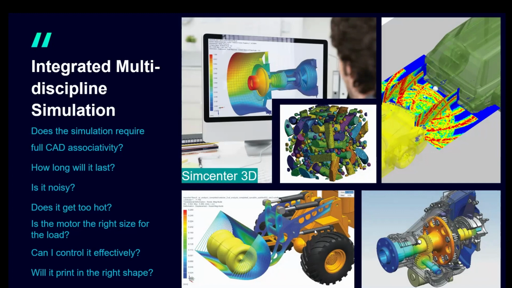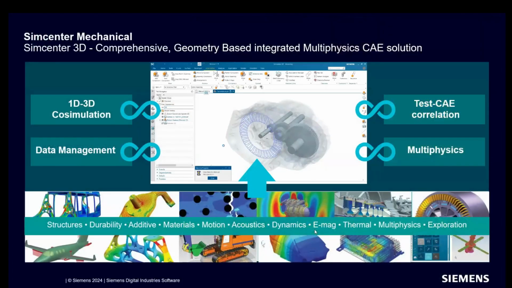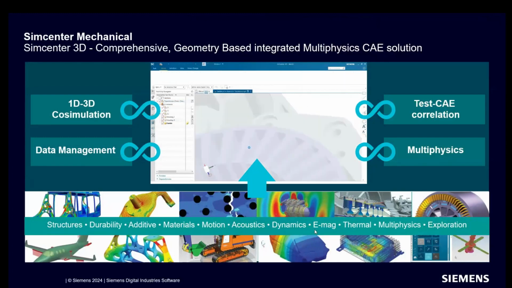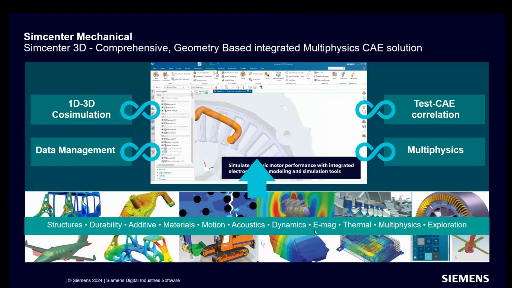Is it going to be noisy? Is it going to get too hot? Is the motor size right for the loads? Can it be controlled effectively? If it's a 3D printing design, will it print in the right shape once it's been designed, those types of things. And so it is, like I said, our comprehensive geometry-based integrated multidiscipline CAE solution.